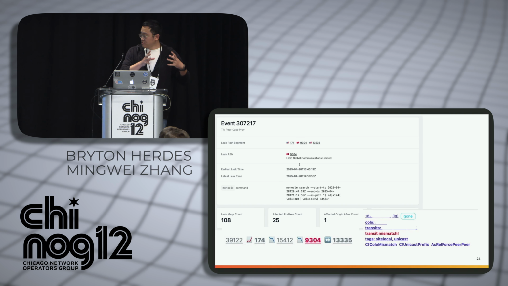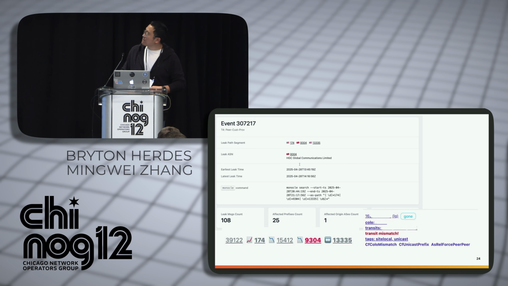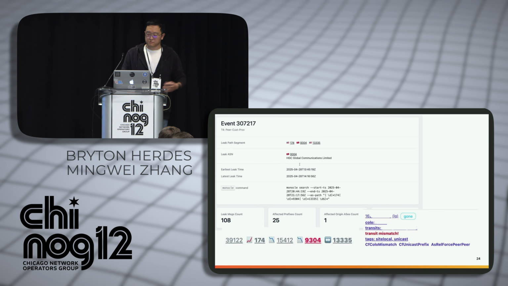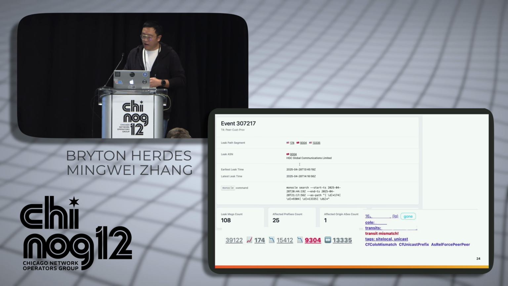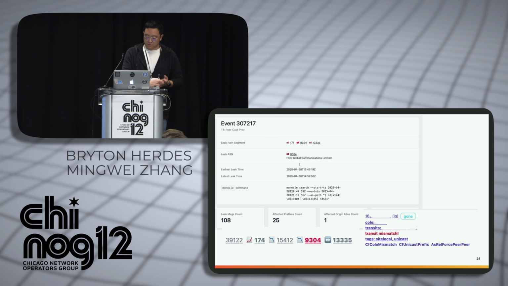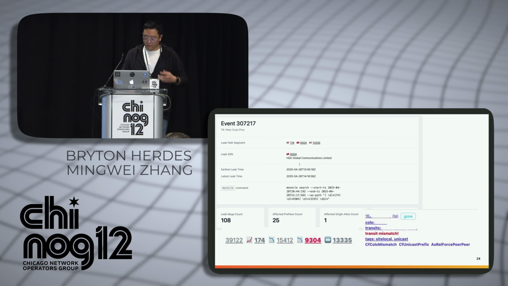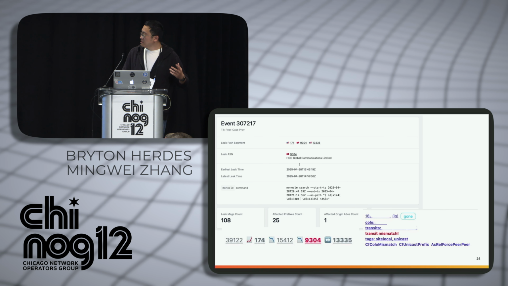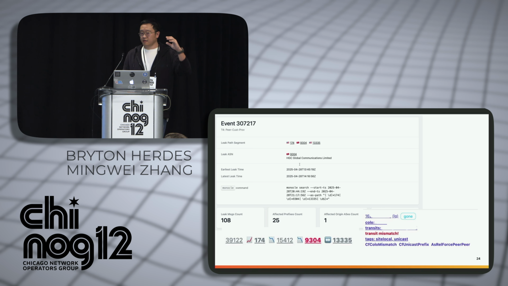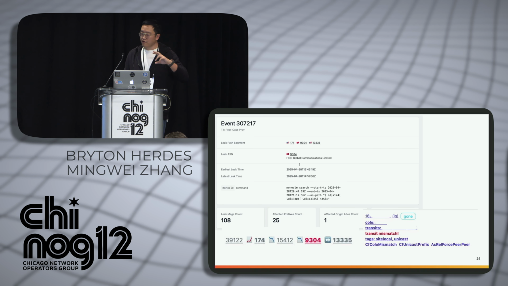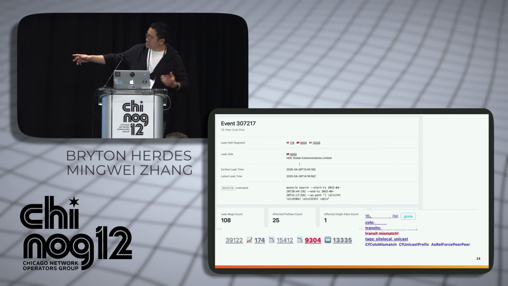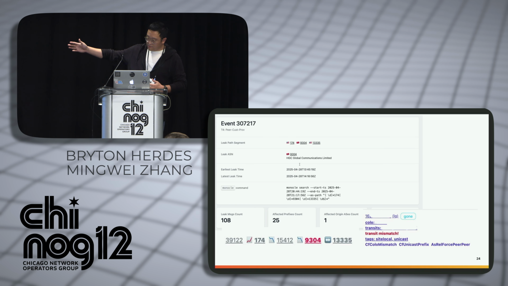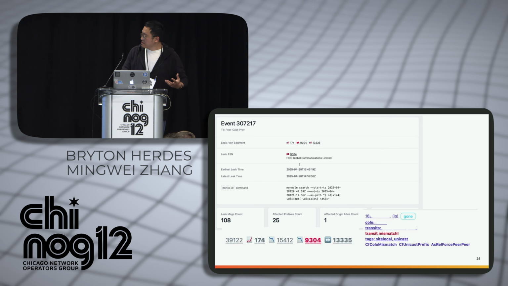Then, digging into any of the events, we also provide more information to allow operators to see the timestamps of those leaks and how they can dig deeper into them. We provide Monocle commands so that you can search and get the exact BGP messages involved in the leaks. We're also providing additional information like what's potentially causing the leak. Why is this a leak?